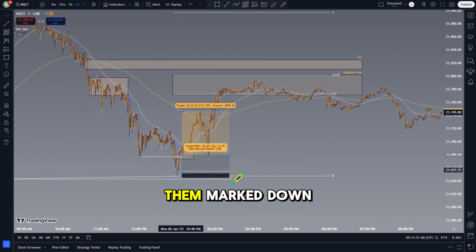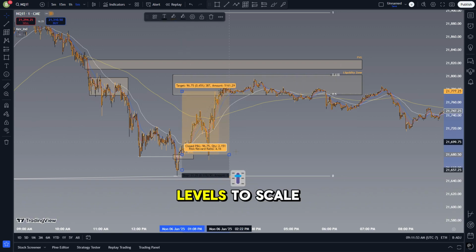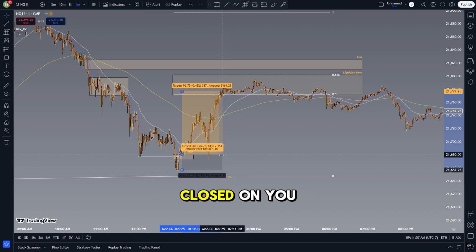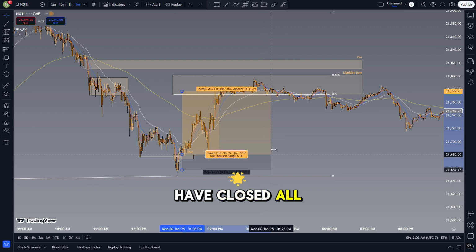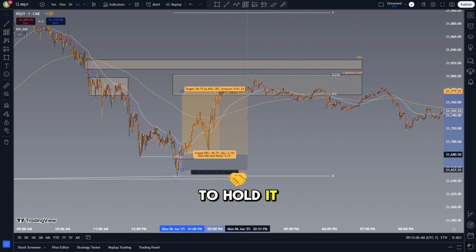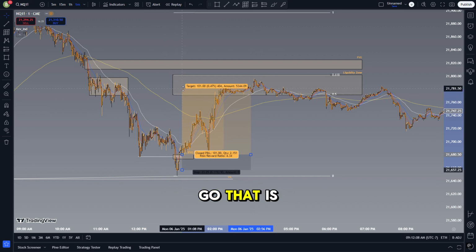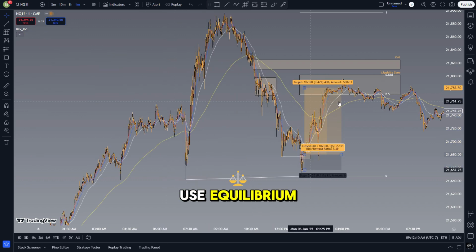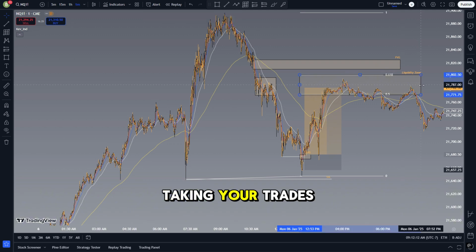So as long as I have them marked down, as long as I target these levels to scale out, I'll be fine. And you would have been. Market would have closed on you right around, oh, what's in this futures? It would have closed all the way over here, I guess. So you would have just been able to hold it. But there you go. That is how you can use equilibrium in confluence of taking your trades.